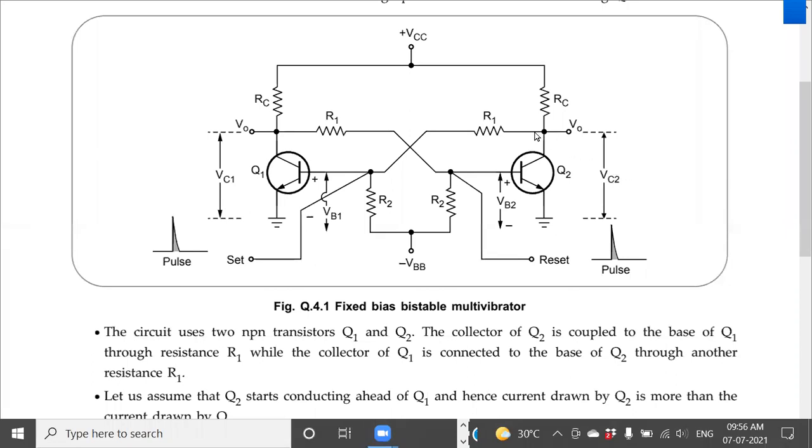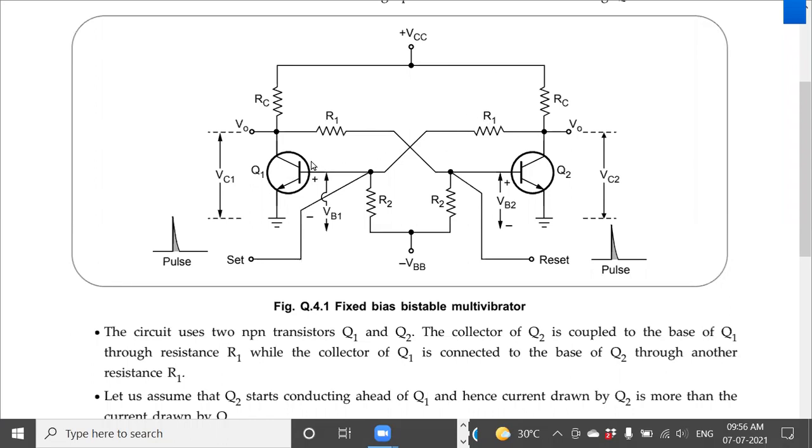When the voltage here reduces, see where this point is connected. This point via R1 is connected to the base of transistor Q1. This is an NPN transistor, so the P side has positive voltage, but that voltage is decreasing.